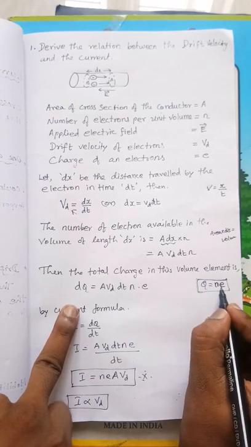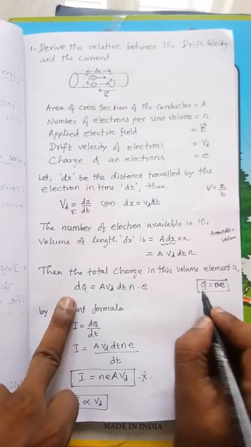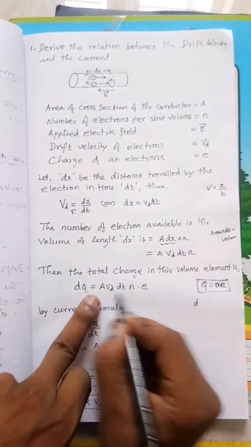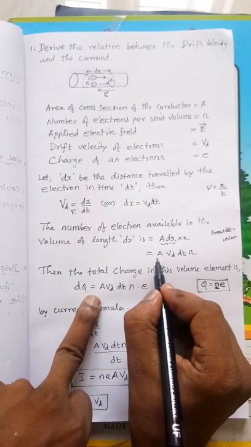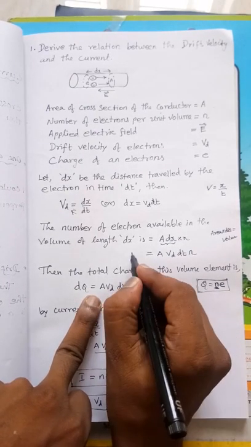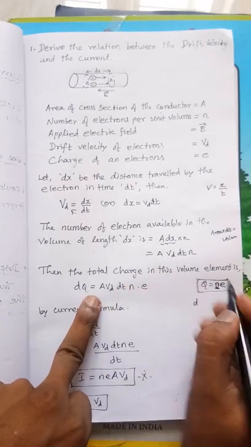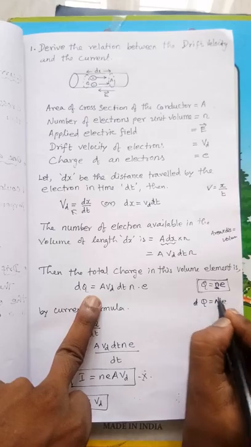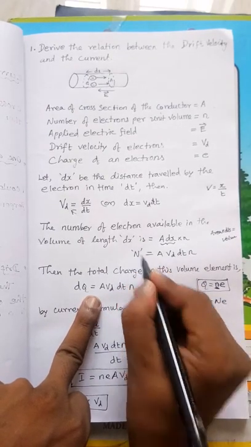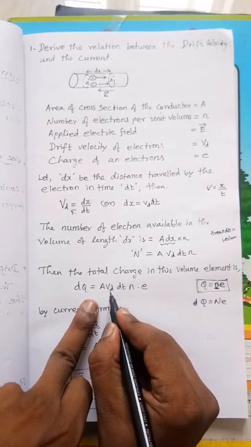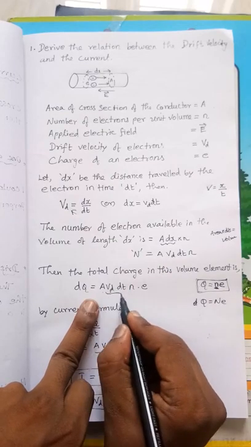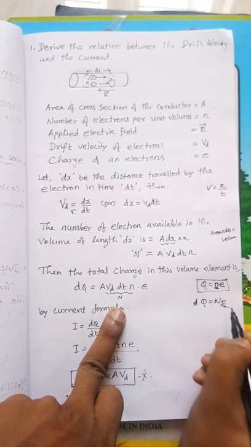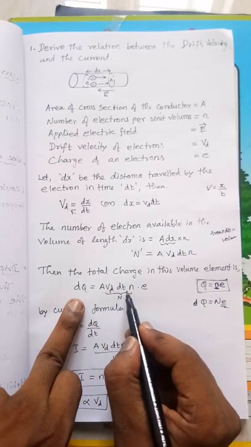So we can write dq is equal to the total number of electrons, A Vd dt n, into e.